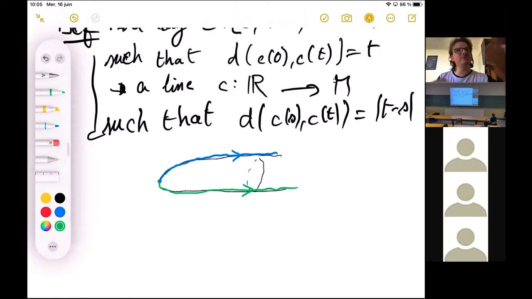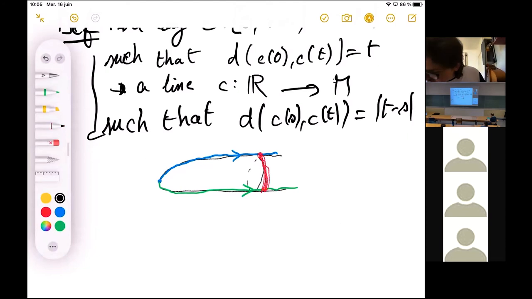However, the union of both is not really minimizing on every subinterval, because if you take 2 points here, then the shortest path is here. So it's not minimizing as a geodesic from R to M, even though it's minimizing on R plus and on R minus, depending on how you parameterize it.